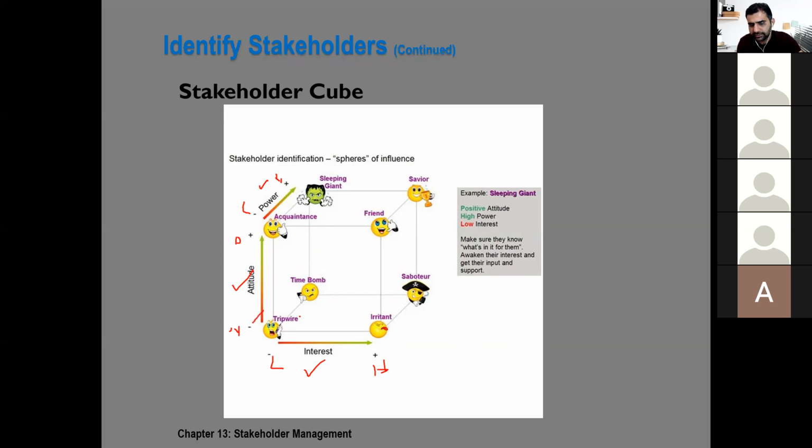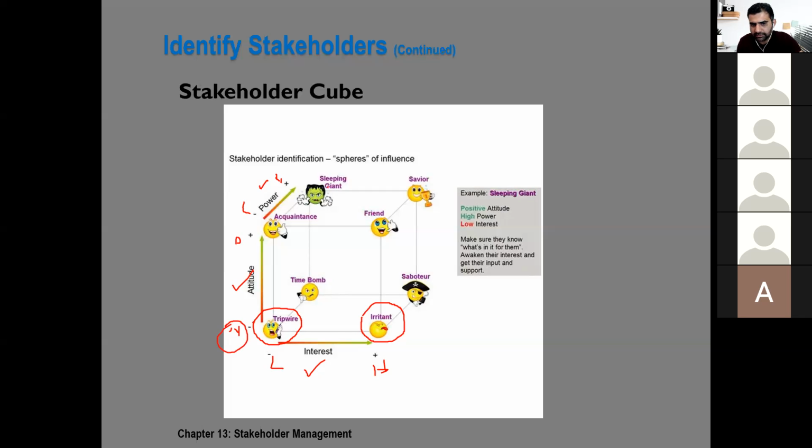For example, this type of stakeholders which got negative attitude and low interest, they are just like a tripwire. Similarly, the people who got high interest but negative attitude, they are irritant.